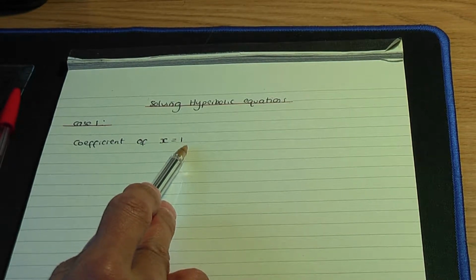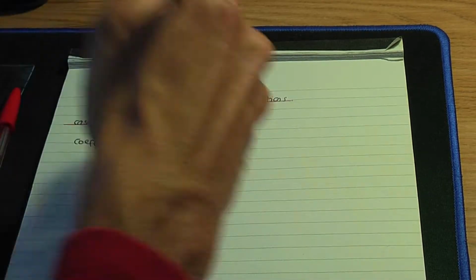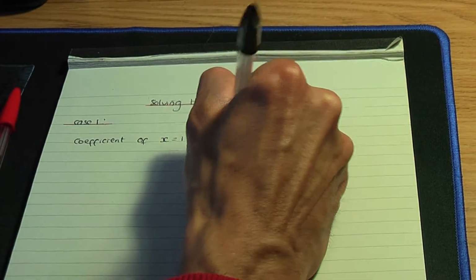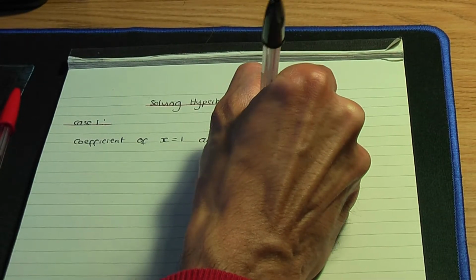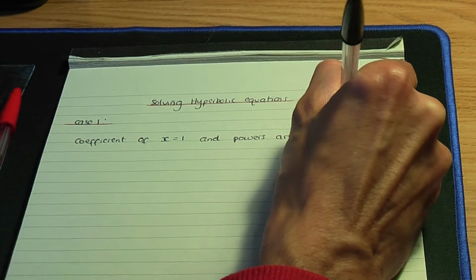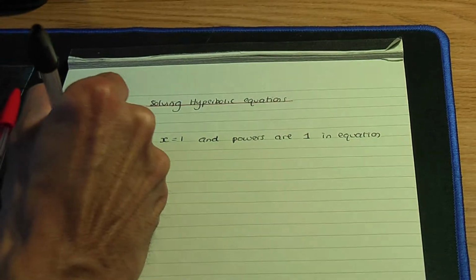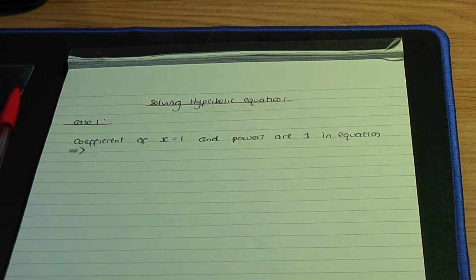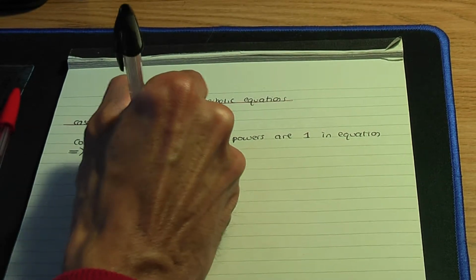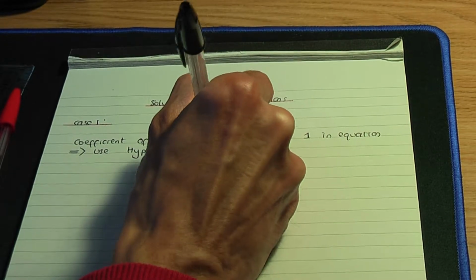so if the coefficient of x equals 1 and powers are 1 in the equation, that implies use hyperbolic definitions.